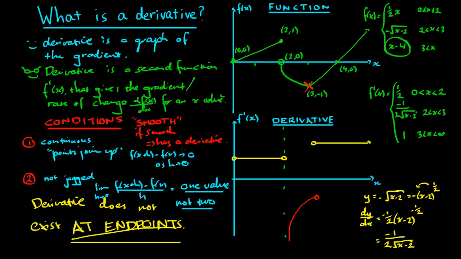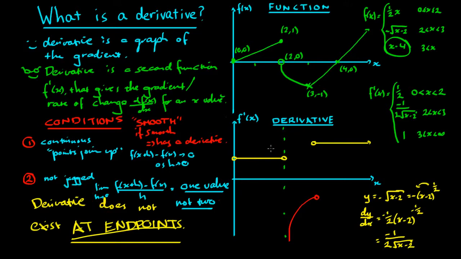But if h is negative, and in this formula it's fine for h to be negative, it basically means I'm selecting a point to the left in the negative direction. And the gradient between this point and this point is something like that. So it's a negative number. So in effect, that's why I said it has to have one value, not two. Because if it has two values, then this limit doesn't actually exist. Because h has to approach 0 from both sides, therefore the derivative doesn't exist.